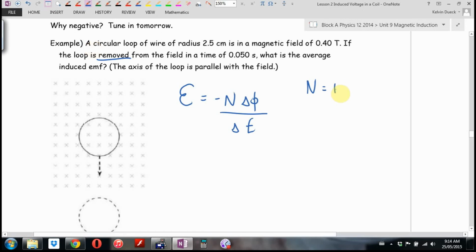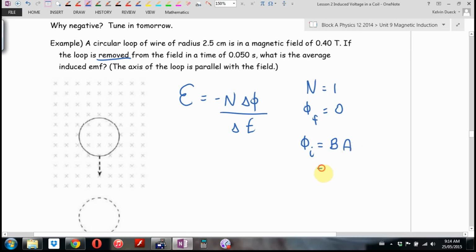Change in flux. What's change in anything? So I'm going to write here flux final equals and flux initial equals. Flux final is pretty easy to get. Look up. Here's flux final. 0. Right? No shadow anymore. Initial is going to be magnetic field times the area. They are perpendicular to each other. I looked at the picture.